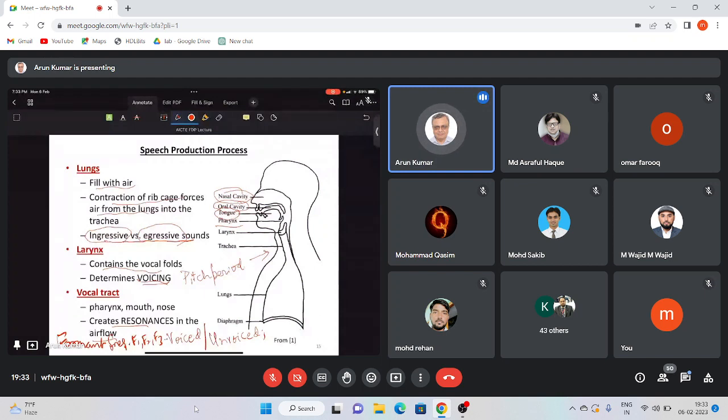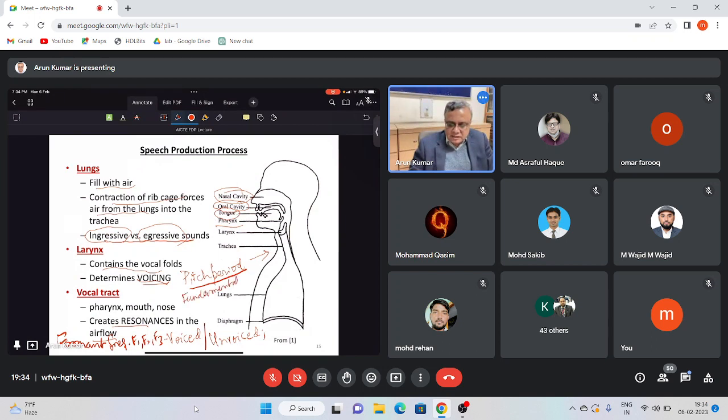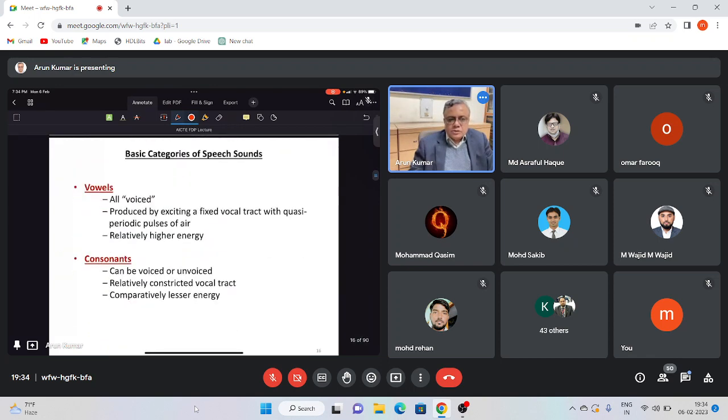Typically F1 is the lowest formant frequency or resonance frequency, F2 is the next higher one, and so on. Likewise, the inverse of the pitch period is known as the fundamental frequency, and it is denoted by the symbol F0. As I mentioned, the basic categories of speech sounds include vowels, which are all voiced and produced by exciting a fixed vocal tract with quasi-periodic pulses of air, because the vocal folds open and close.